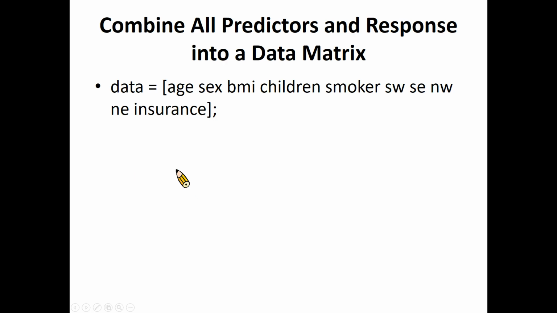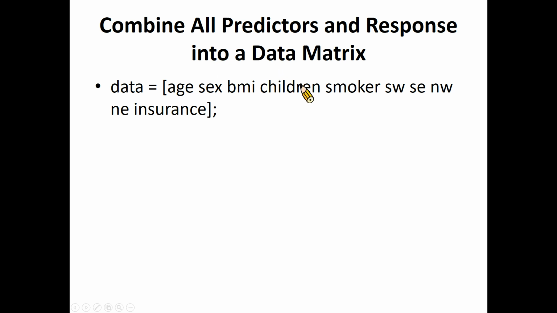Okay, so the next step is we will combine all predictors and response into a data matrix. We simply combine all variables we created or extracted from the raw data into a numerical data format. In this representation, I simply want to convert all data, including the numerical and the text data, into numerical data only.